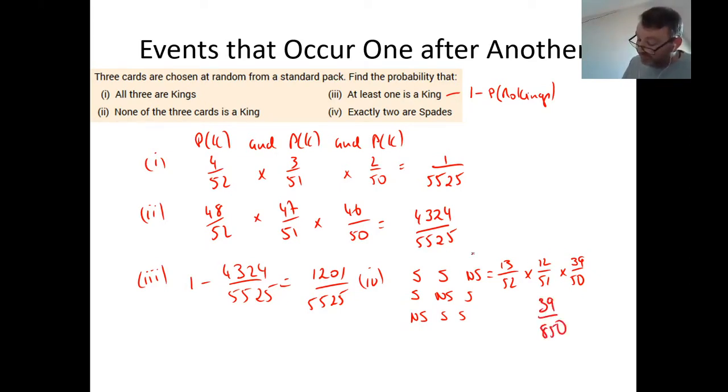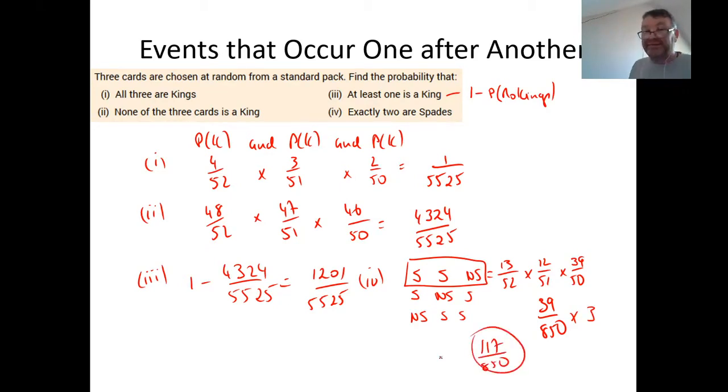Now that's just the answer for this part. But there are 3 different arrangements of the same result. So we multiply that by 3. And when we multiply that by 3, we get an answer of 117 over 850. And that is the probability that exactly 2 of those cards are spades.